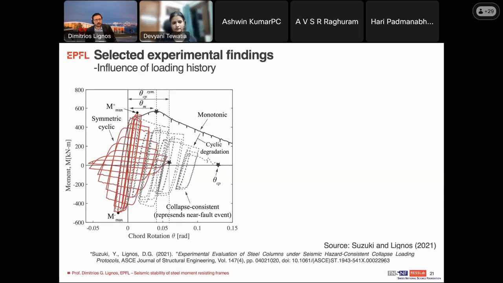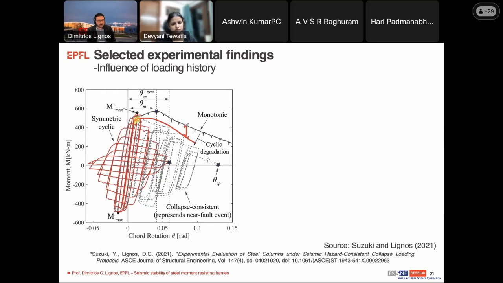These tests, by the way, were conducted with an axial load ratio of about 30% of the axial strength of the column. Maybe I can sketch it here. It will be easier for me to show it on the monotonic curve. The axial load will kind of rotate this curve inward.